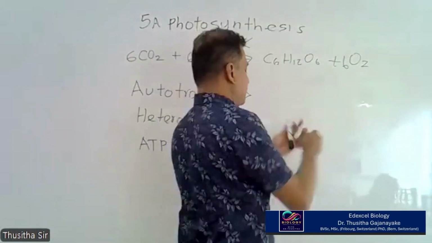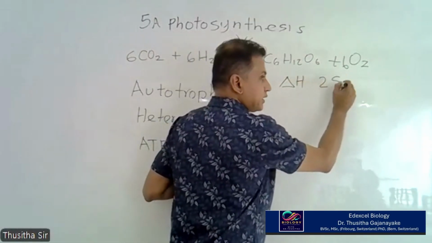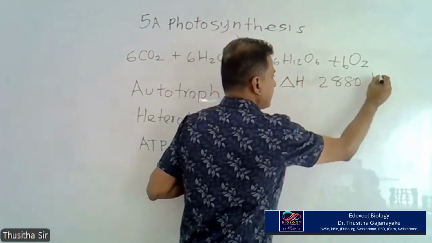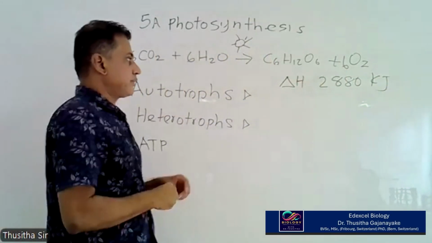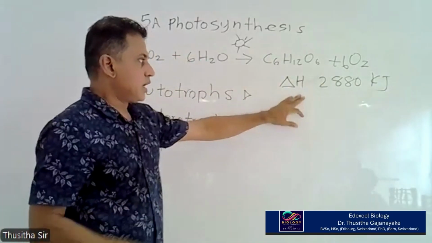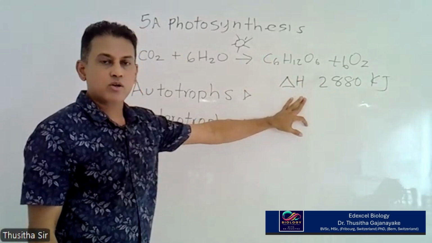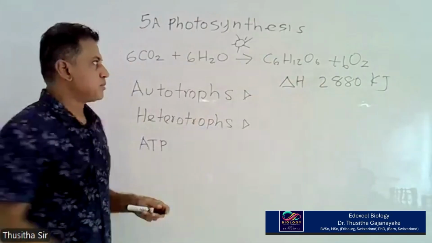So the chemical energy produced is 2880 kilojoules. So as per this reaction, the energy level is 2880 kilojoules. Right? So can you write this chemical reaction?